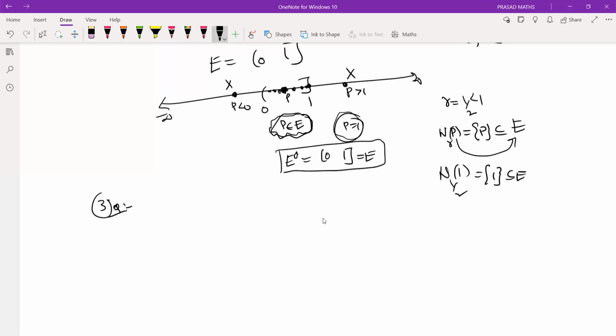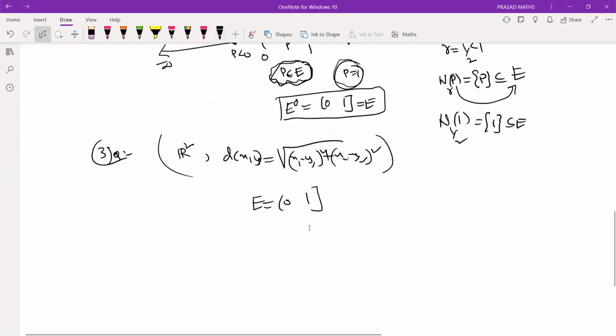Right? Now we can take this idea to R with respect to the Euclidean metric, or usual metric. Suppose the same set which I am taking.